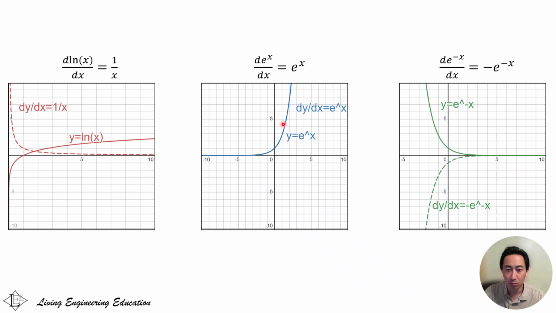For e to the x, both graphs here are just stacked on top of each other. That's why you only see one line here. But let's see if it is reflective, at least in the same way. So it starts off with a near 0 slope. Then the slope starts increasing until it gets very, very large. The entire time, the slope is never negative.